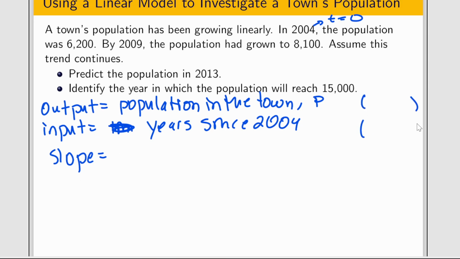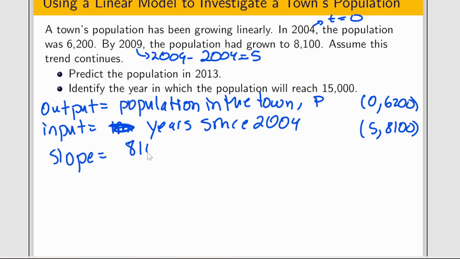So in order to plug that in, let's look at what points were explicitly given to us. They gave us explicitly that when time is 0, there are 6,200 people. And when the year is 2009, that's 2009 minus 2004, which is 5 years since 2004, I had 8,100 people. So our slope is 8,100 minus 6,200 over 5 minus 0.